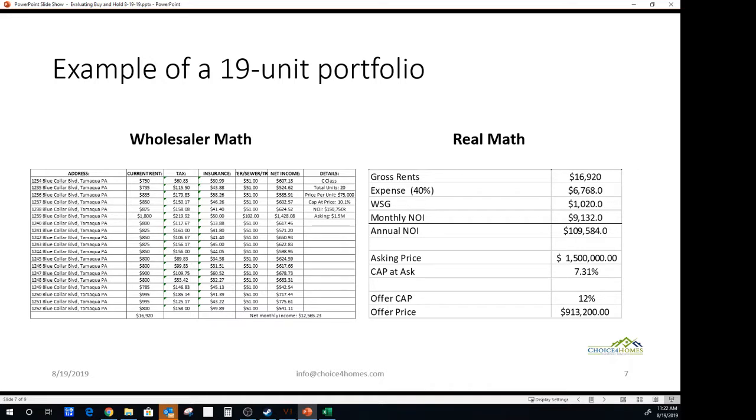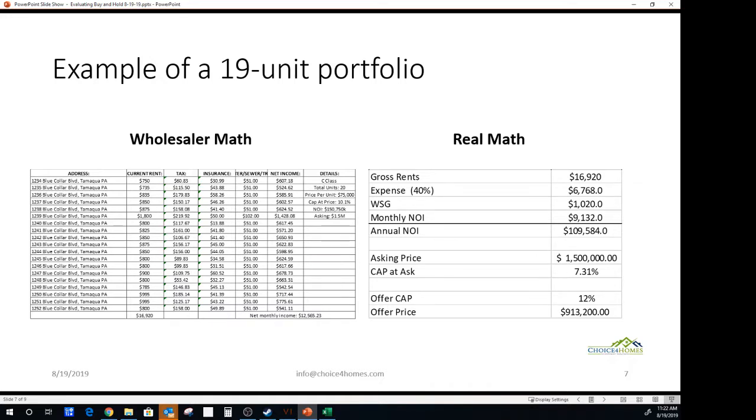Well, for one thing, if you listen to my last week's presentation, some of the expenses you should be accounting for are vacancies, management, maintenance, and capital expenditures, and none of those are in their numbers.